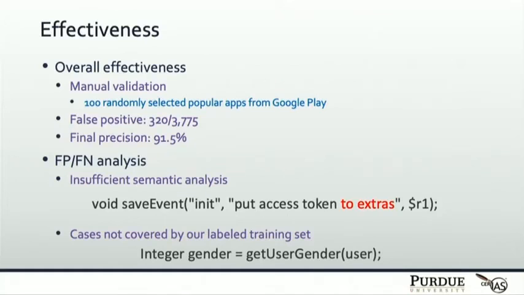However, the access token is not in here, because the semantic text says the access token is saved to some extra place. That means we will need to bring more detailed NLP analysis to tackle these false positives.